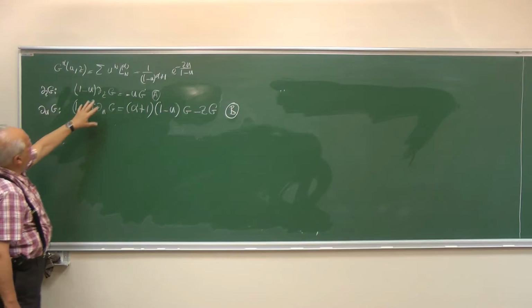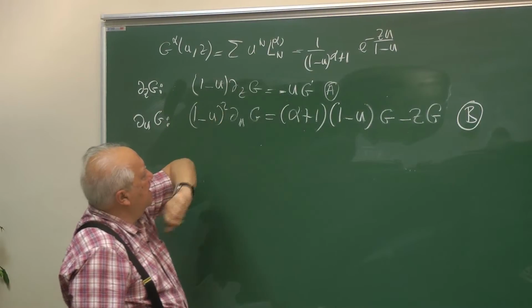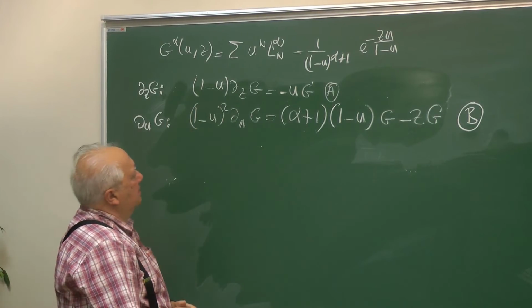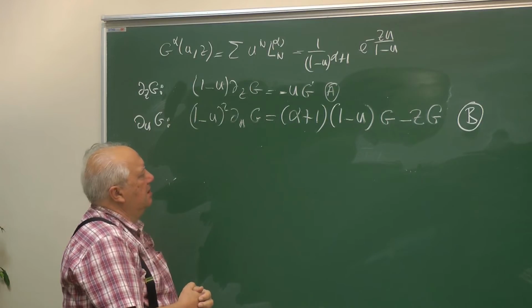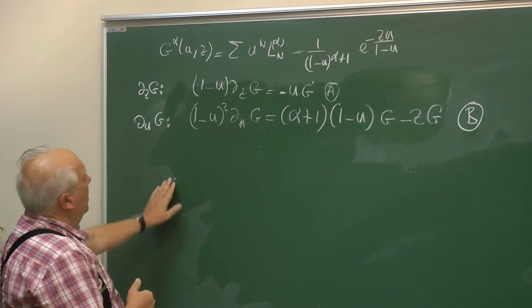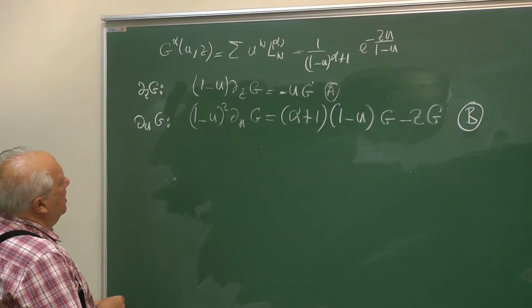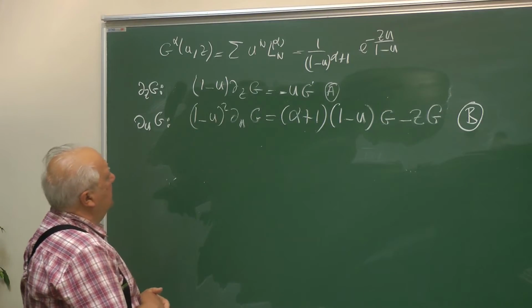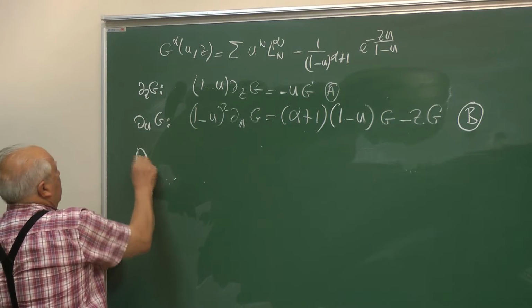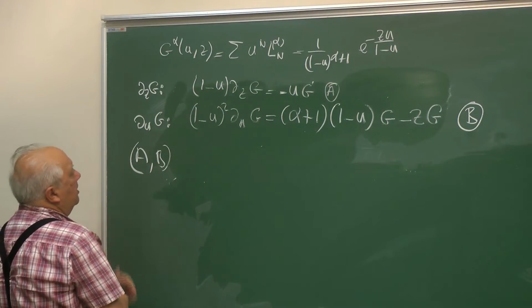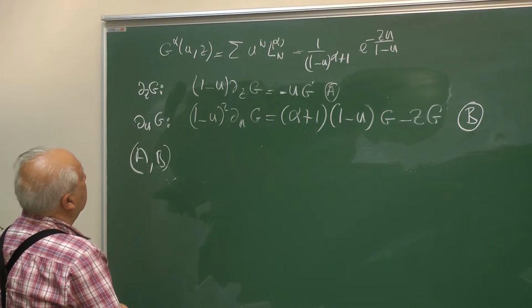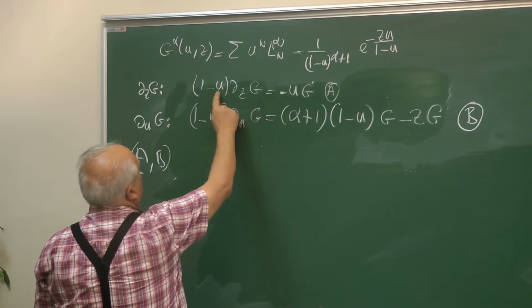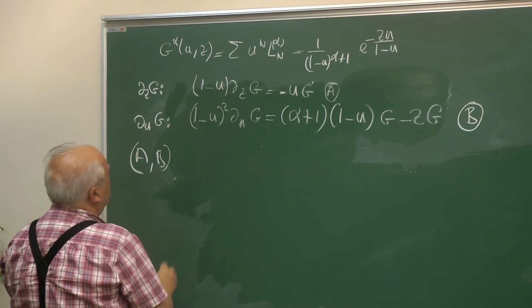Of course, G involves all these associated Laguerre polynomials, which will translate into relations between various Laguerre polynomials and their derivatives. And we can also combine the two derivatives, A and B. So let me just write A, B together. To do that, for example, we have a combination here, u over 1 minus u. So let us divide this thing by 1 minus u.